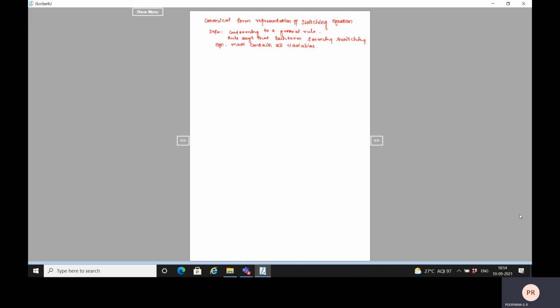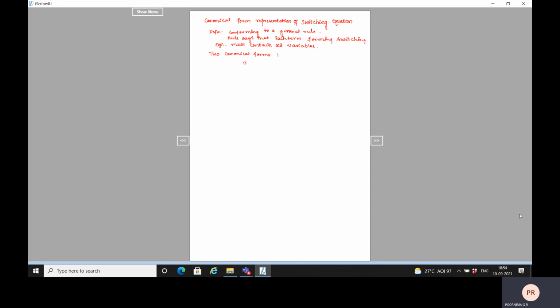If we consider the canonical form representation of any switching equation, there are two canonical forms of switching equation representation we have in digital fundamentals.